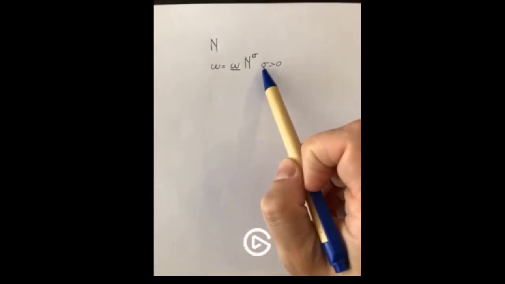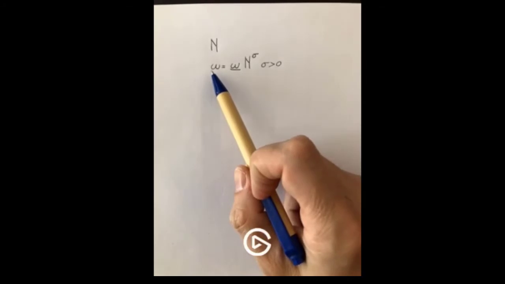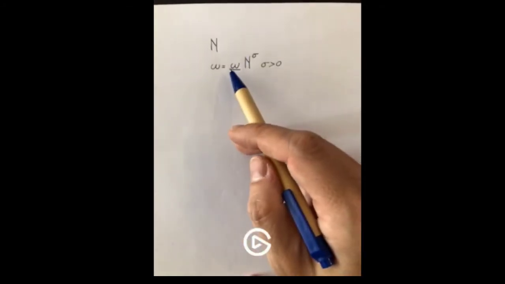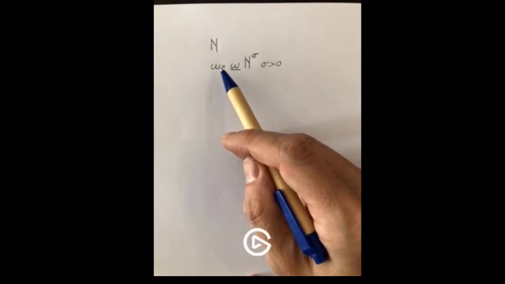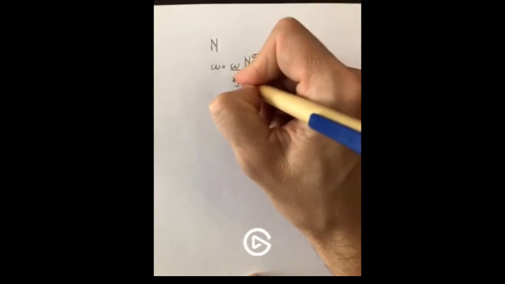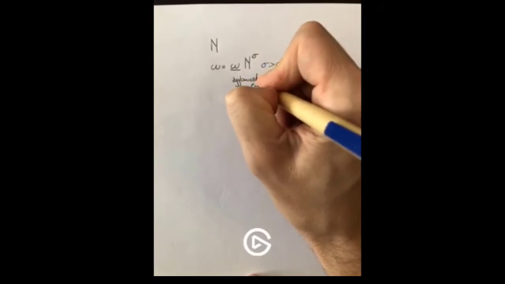Because lambda here is a positive number, it gets an increasing function. This idea that the wage increases with the number of people in the city is called essentially the assumption of agglomeration economies.